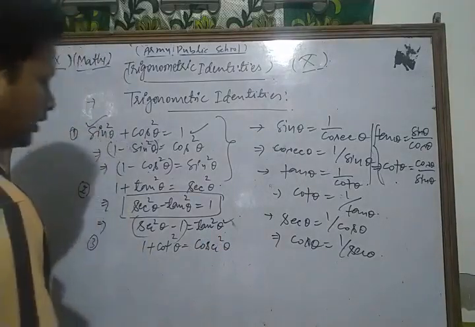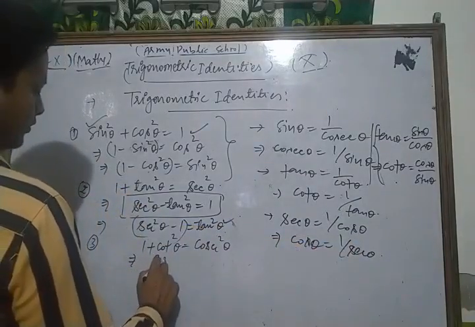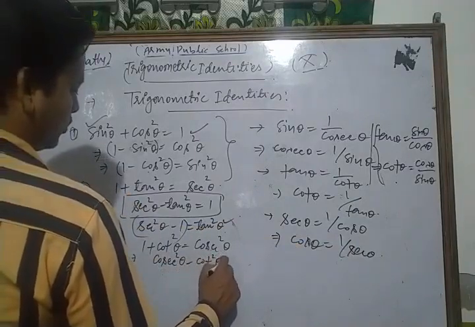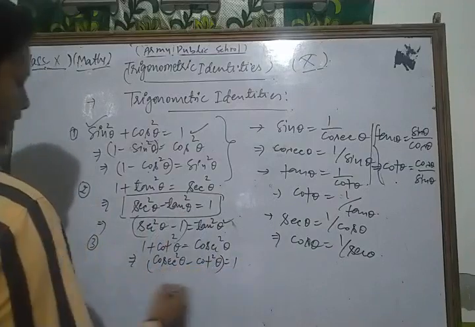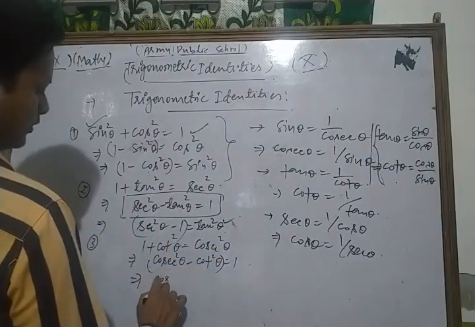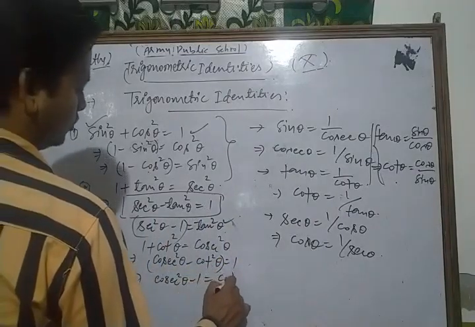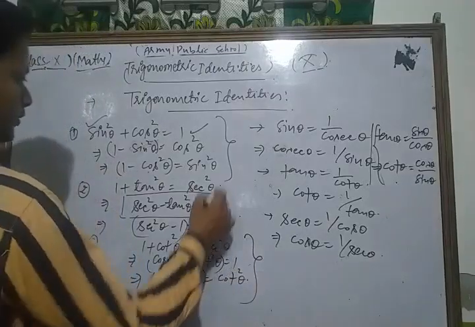If we transfer cot square theta to that side, we get cosec square theta minus cot square theta is equal to 1, and also if we transfer 1 to that side, we get cosec square theta minus 1 is equal to cot square theta.